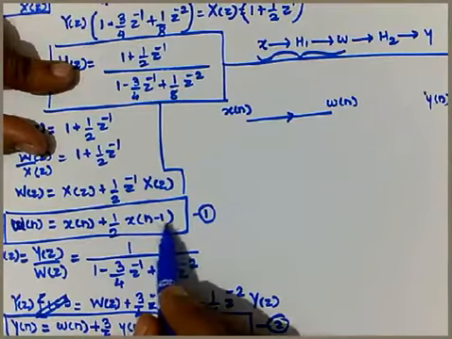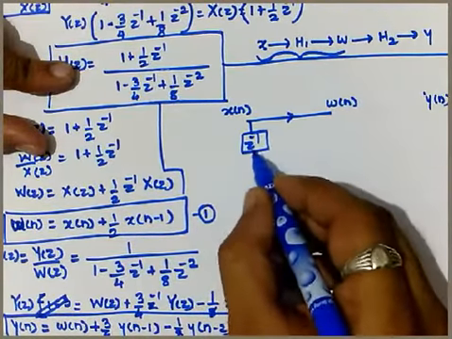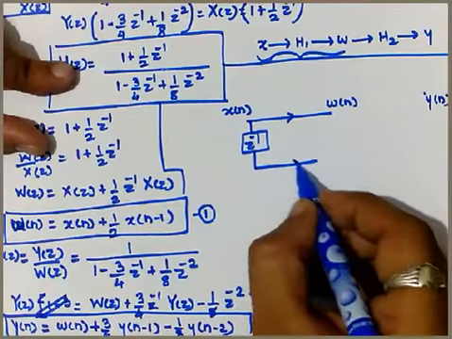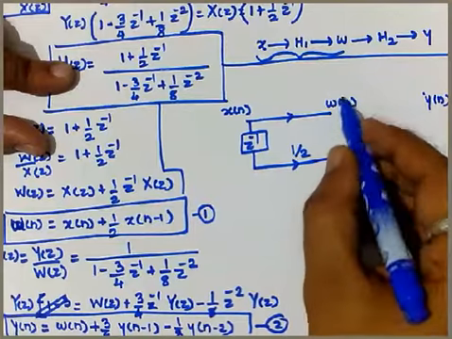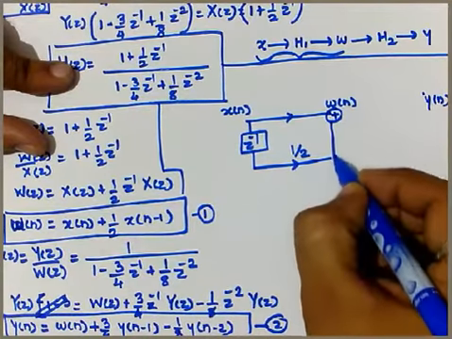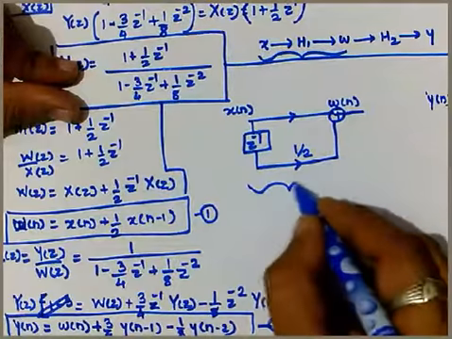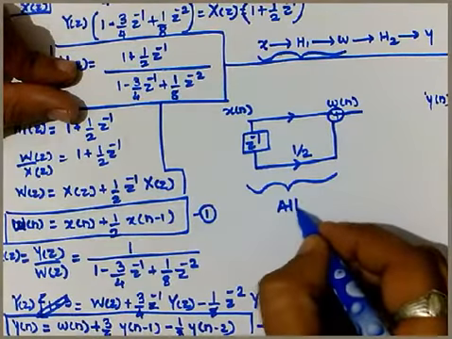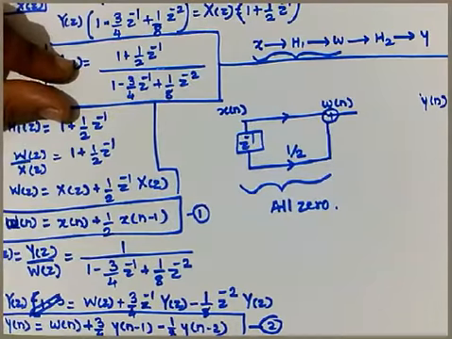Then 1/2 x(n minus 1), so delay x(n) by 1, so a z inverse will be added here. Then scale it by 1/2 and add it here to w(n). This is our first part, that is the all-zero system. Equation 1 is reflected here.